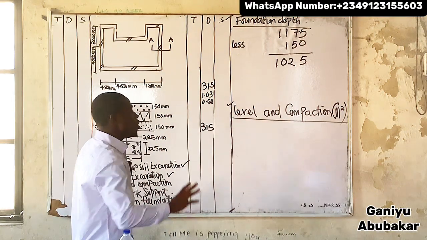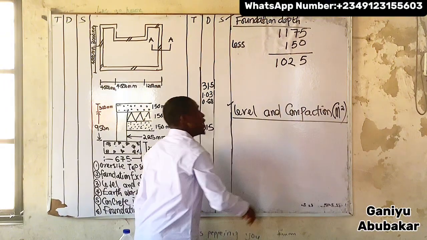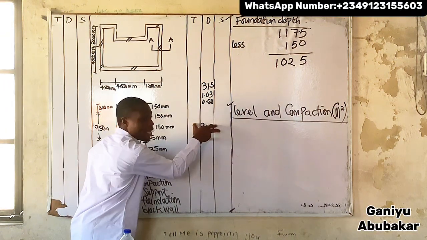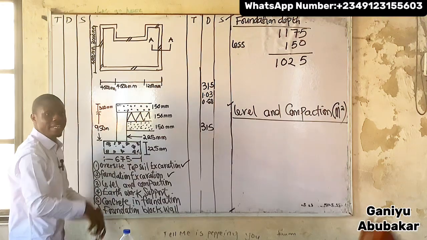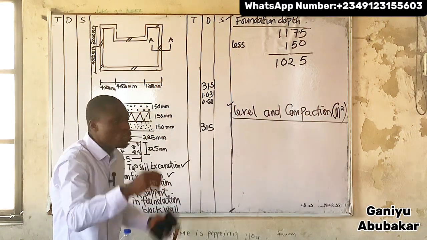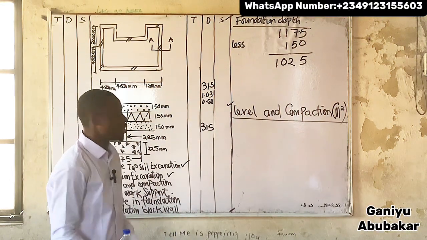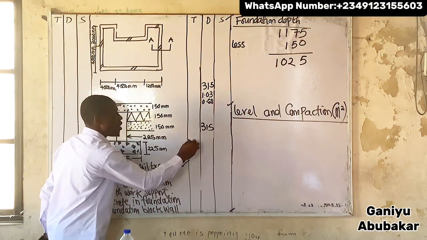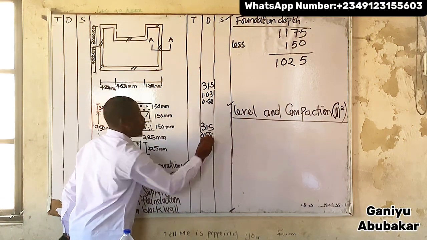Constant formula, please. For level of compaction it is as simple as multiplying the foundation excavation by the base of the foundation. If you can do that one, you don't forget. Please, what's the base here in dimension? So I'm done, please.